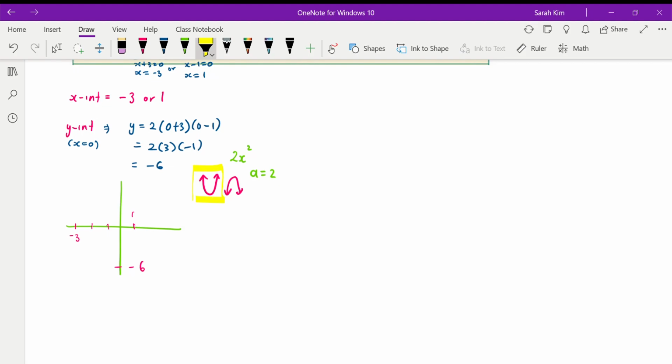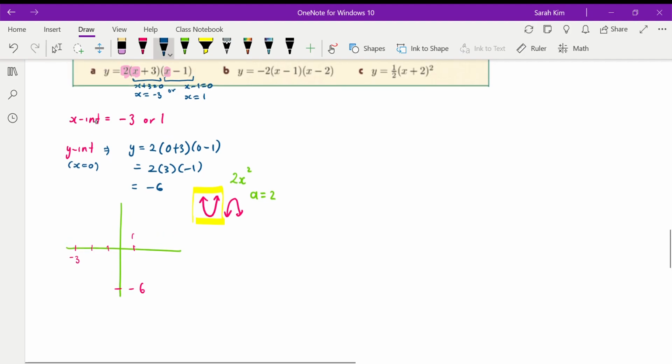So I just need to be able to draw that in, try to draw it as symmetrical. Obviously, if my x-intercepts are minus 3 and 1, the halfway between that would be negative 1. So it's just my halfway point. And so something like this, let's have a look.